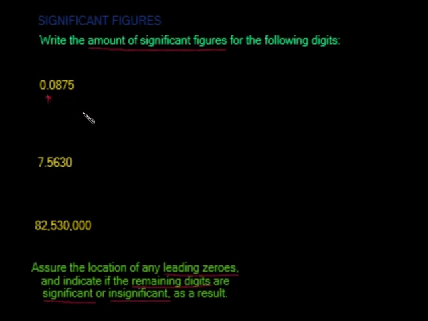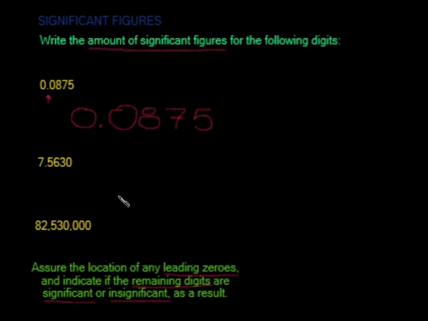I want to rewrite this first: 0.0875. So I want to look at the amount of significant figures for that digit.